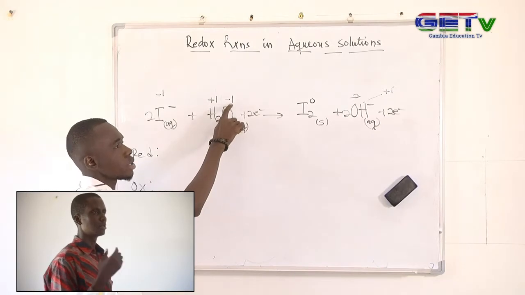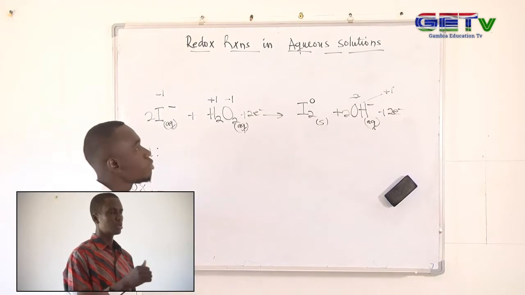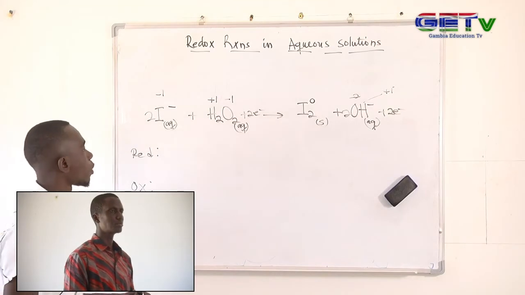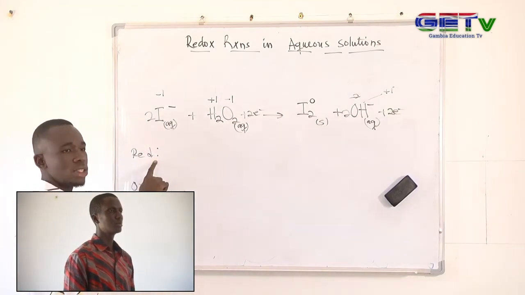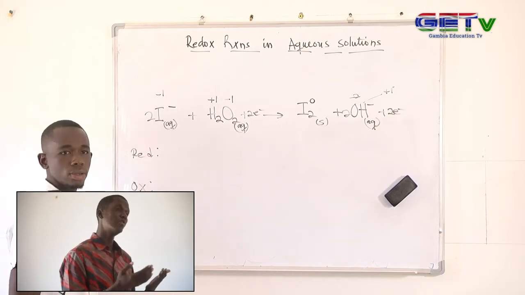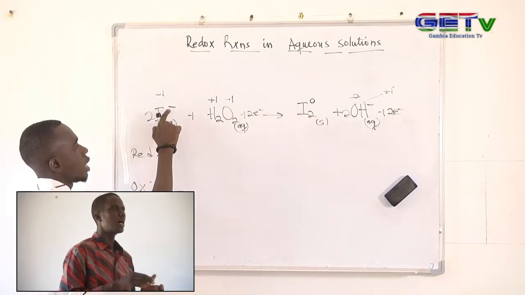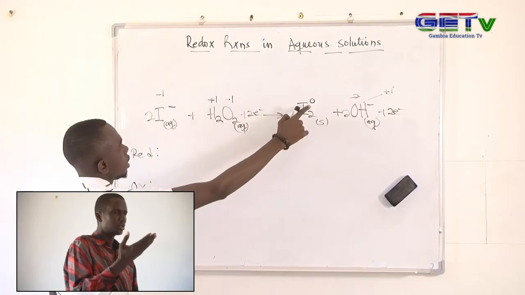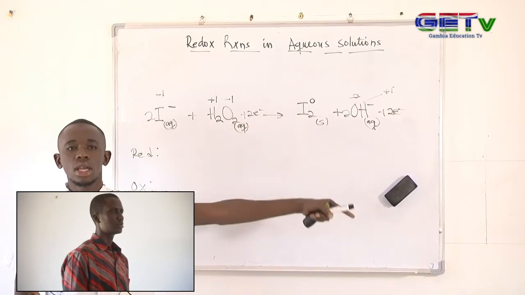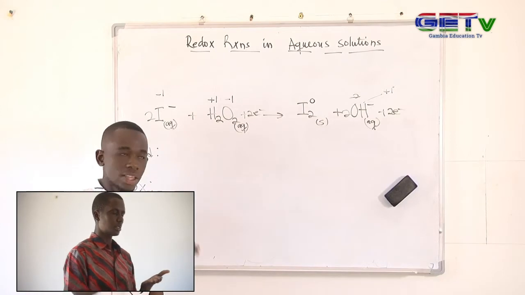We have oxygen as minus 1 and oxygen here as minus 2, which means there is also a change in the oxygen. Now we try to identify which one is undergoing reduction and which is undergoing oxidation. Iodine goes from minus 1 to 0, which is an increase.